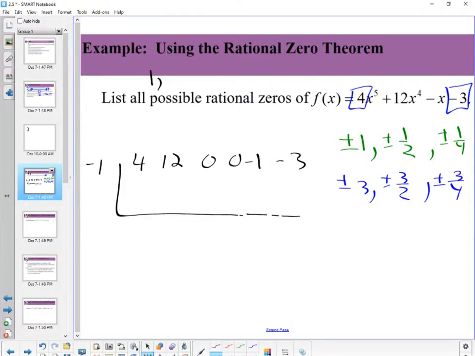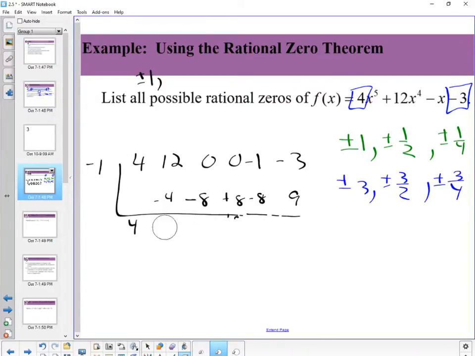I would do it just to eliminate the option. So I've got 4, negative 4, 8, negative 8, negative 8, negative 9, positive 9. That's not 0, so plus or minus 1 don't work.